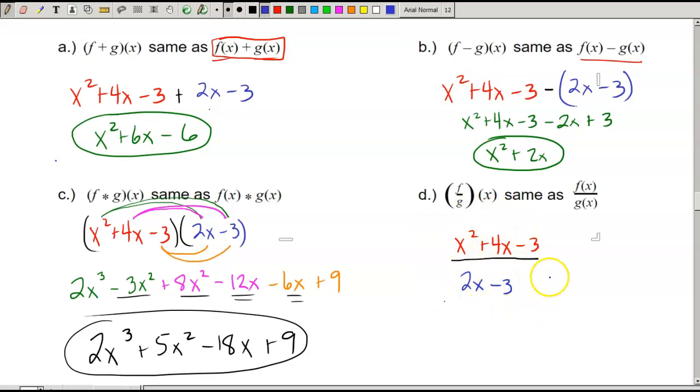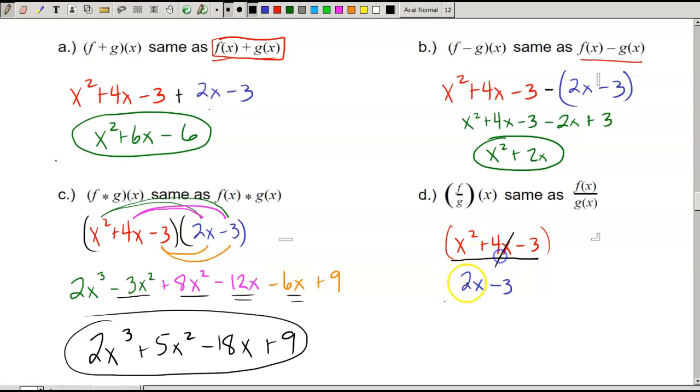But when you look at this red part divided by the blue part, you can't cancel off anything. You can't divide anything directly, because every term here is part of a larger group. You have this whole x squared plus 4x minus 3. You can't do anything like this 4x here and this 2x.